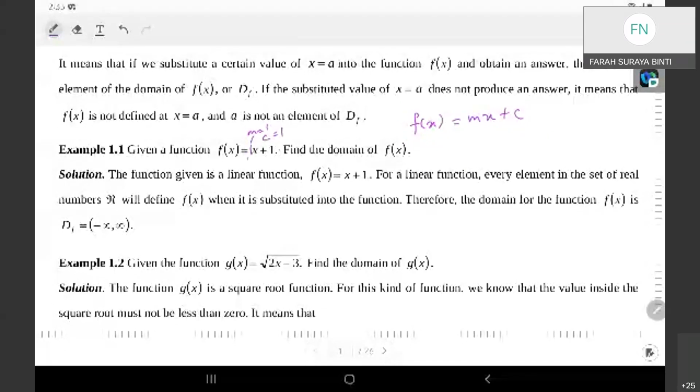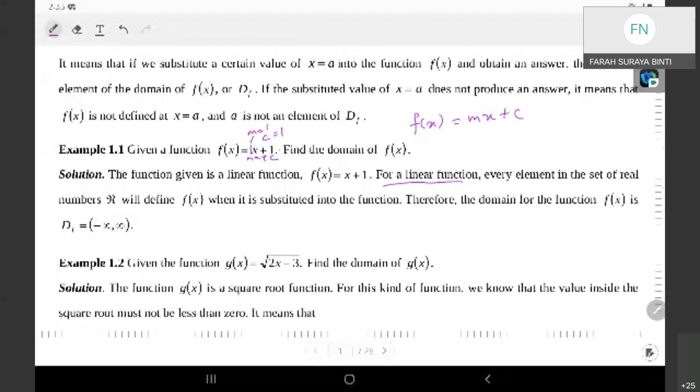So it is clearly seen that this function is linear. And then for any linear function, every element in the set of real numbers will define that function when it is substituted in the function.